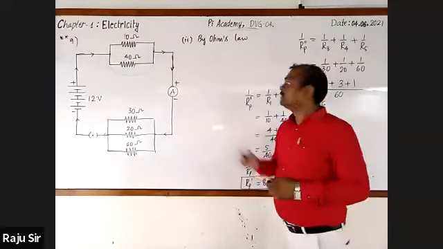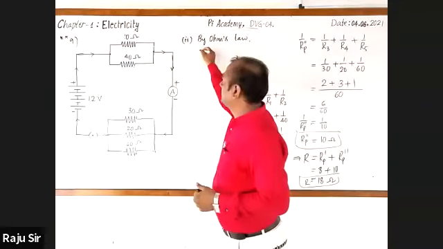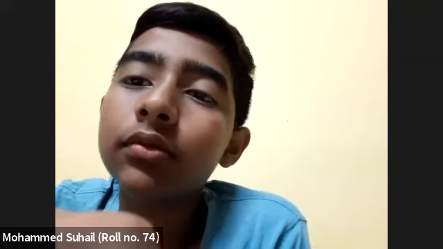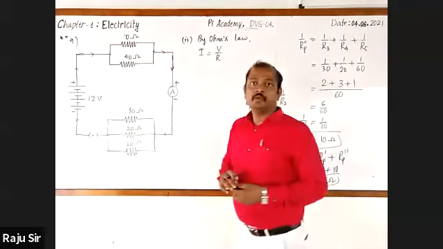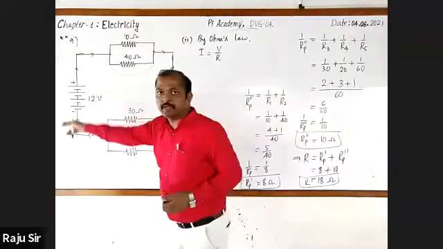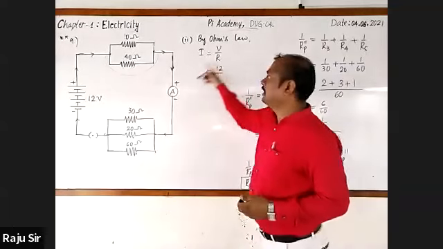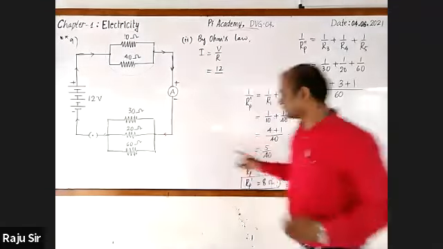By Ohm's law, we can write I is equal to V by R. We know the voltage of the battery is 12, and the total electric resistance we just found is 18. It is 12 by 18.